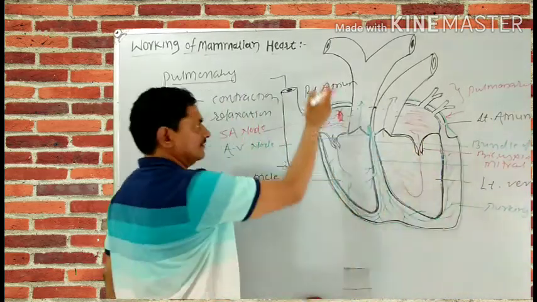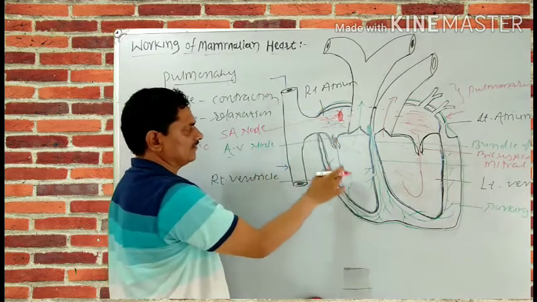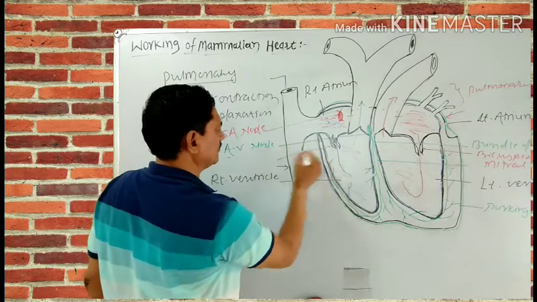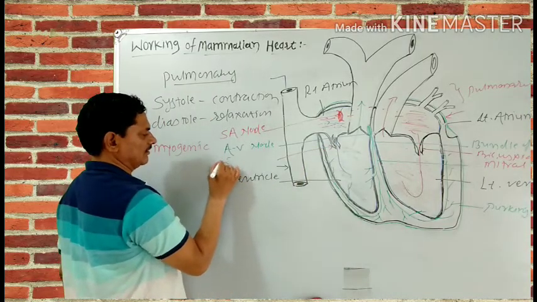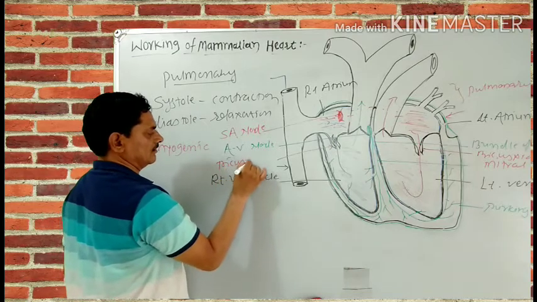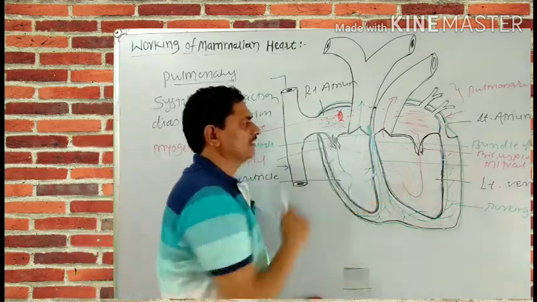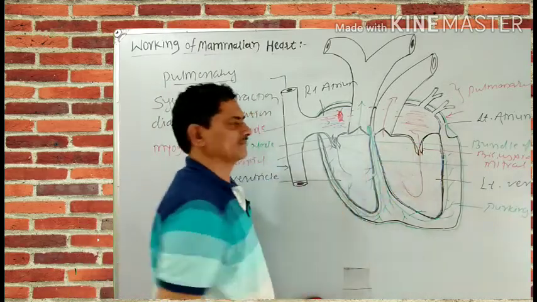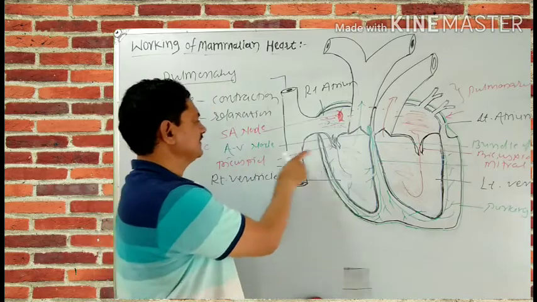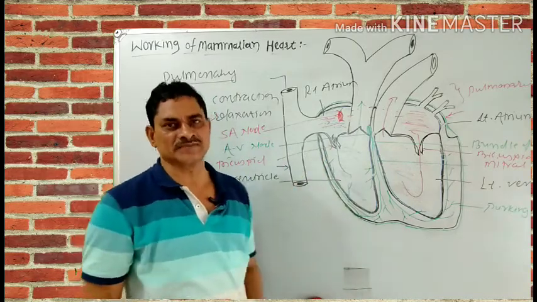And in between the right atrium and right ventricle, there is also a valve. This valve is called the tricuspid valve. The bicuspid valve or mitral valve has two flaps, and the tricuspid has three flaps or cusps.